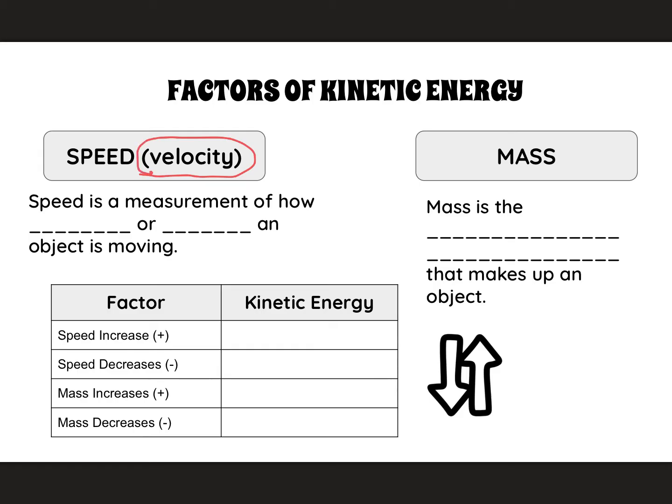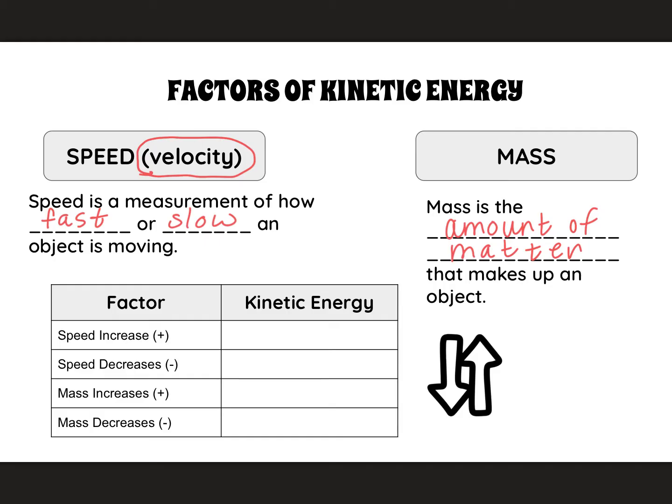Speed or velocity is the measurement of how fast or slow an object is moving. Mass is a measurement of the amount of matter that makes up an object.